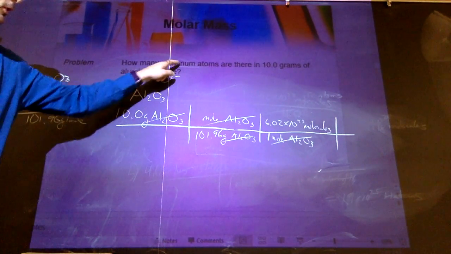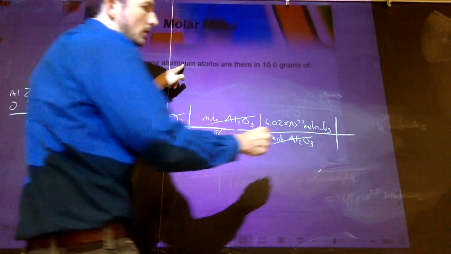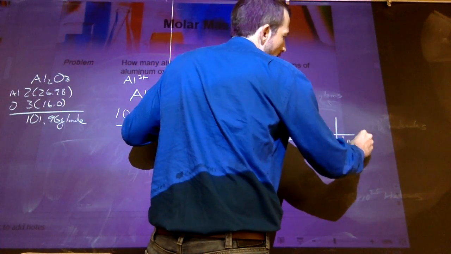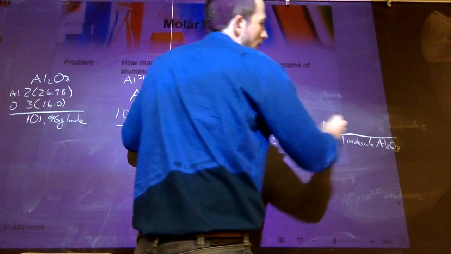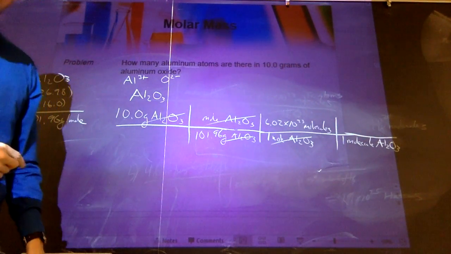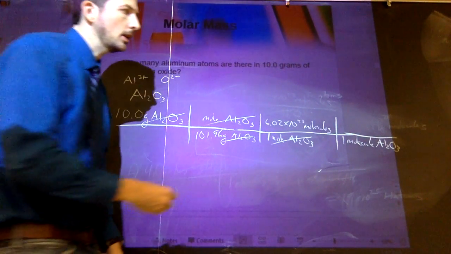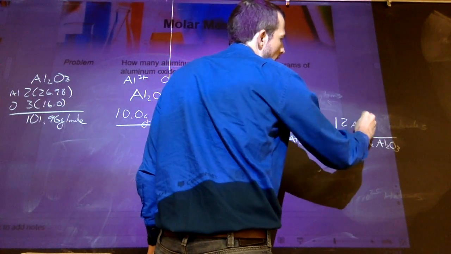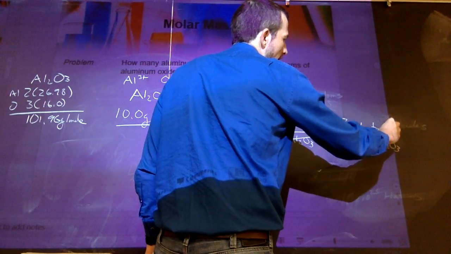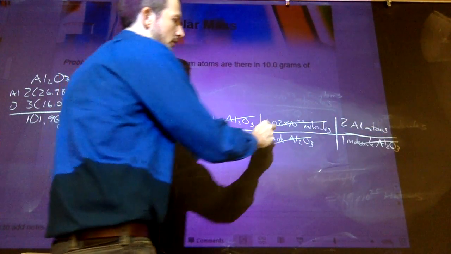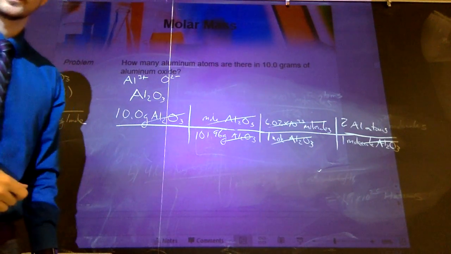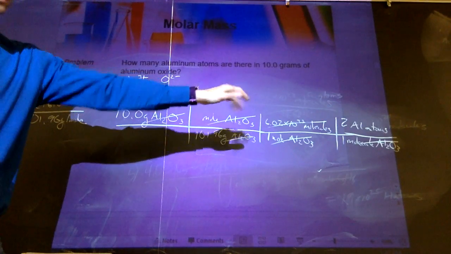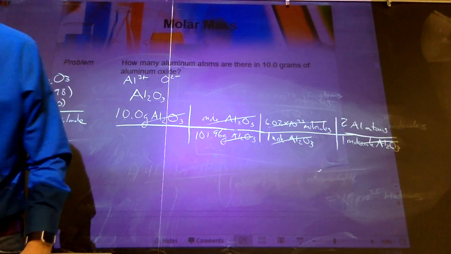Now the question asks for aluminum atoms. So I say 1 molecule of Al2O3. It's Al2O3, so there's 2 aluminum atoms in that molecule. And you just cancel the molecules. Okay. So now I'd be left with my answer in aluminum atoms.